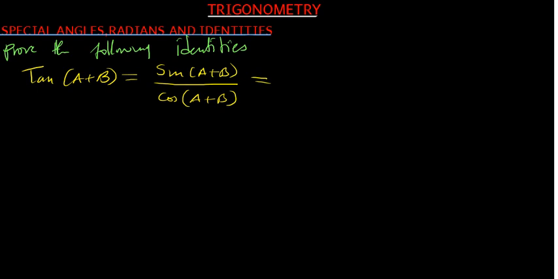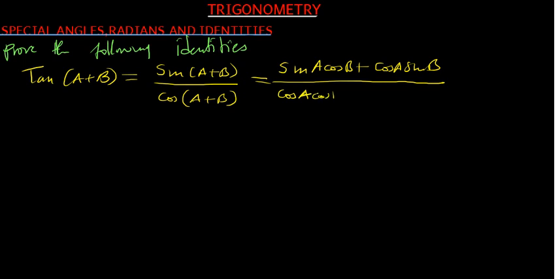So what I'm going to do is expand the sin (a + b). Of course we've just looked at the expansion. This is sin a cos b plus cos a sin b, and then divided by, now we look at the cos, that will be cos a cos b, and then minus sin a sin b.